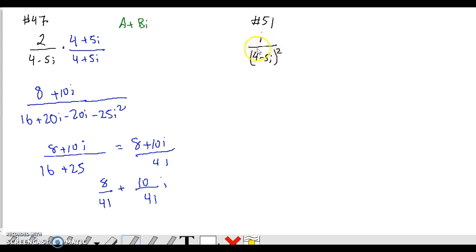For this guy, for number 51, it's hard to tell. That is an i at the top, so I want to make sure that I wrote that out. So the first thing that I want to do, instead of multiplying by the conjugate, is I actually want to multiply by 4 minus 5i twice.